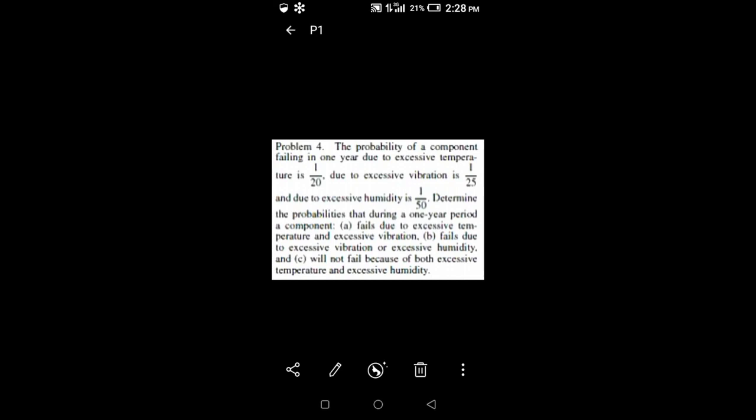The probability of it failing due to excessive vibration is P subscript V, which is 1/25. But you don't put it in fraction, you put it in decimal, to 4 decimal places, in your final answer. Then due to excessive humidity, P subscript H is equal to 1/50.